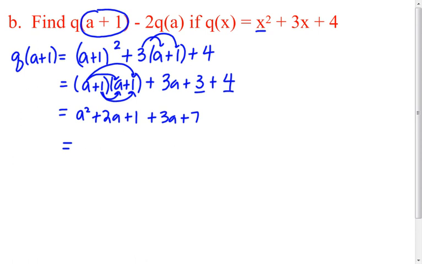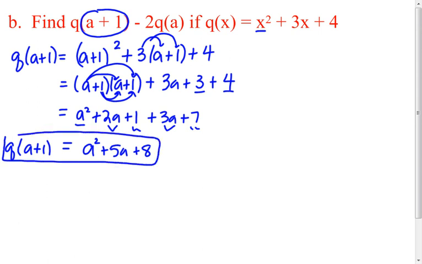And I can simplify this a little bit more by combining my like terms. So I will have a squared plus 5a plus 7, or plus 8. Okay, so that's just that quantity. So this right here is q of a plus 1. Okay, that's what that means. I'm going to just box this off just so that I can remember where I was at. Okay, it's not the answer.